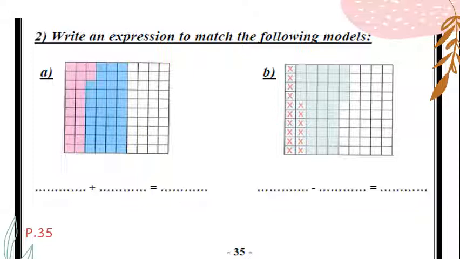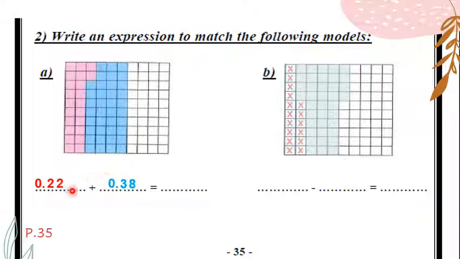Let me start with the first column: 10, 20, and 21, 22. So I'm going to write 0.22. Now let me count the blue colors. Count with me. 10, 20, 30, 31, 32, 33, 34, 35, 36, 37, 38. So I'm going to write 0.38.